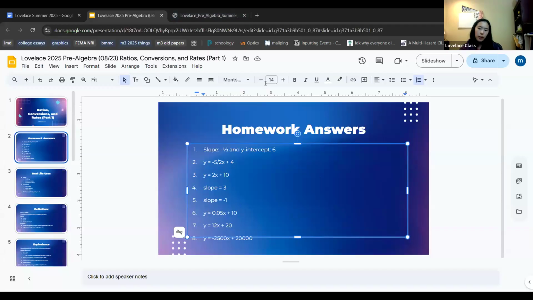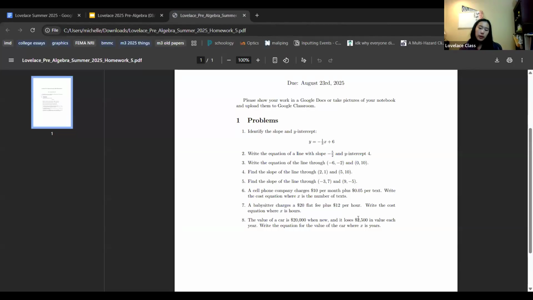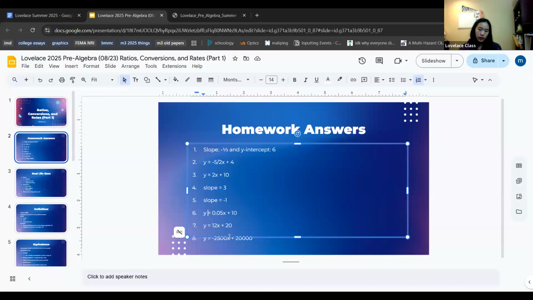And then the bottom one is the same thing, except we can see that $20,000 is the y-intercept, but it loses $2,500, so you have to subtract $2,500. That's why the slope is negative $2,500. And that's how we get y equals negative 2,500x plus 20,000.